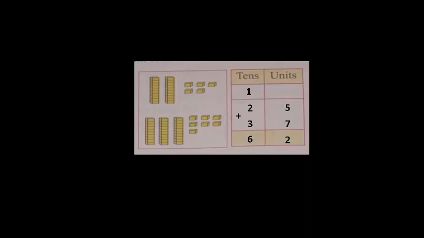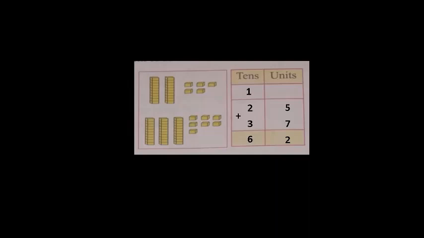5 plus 7 is 12. So without writing 1 next to 2, we have to carry 1 in the tens place and write 2 in the units place.